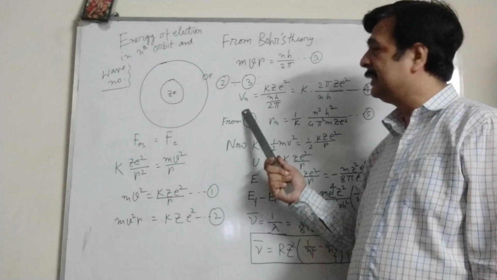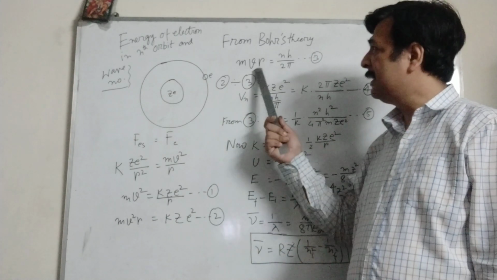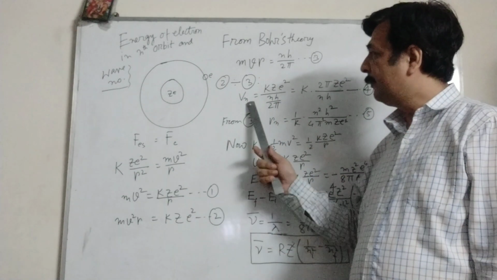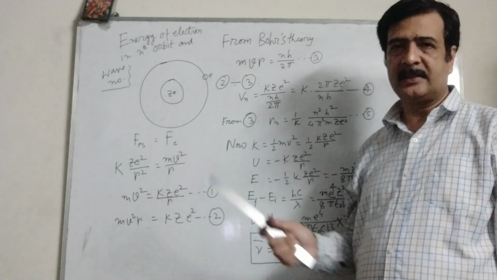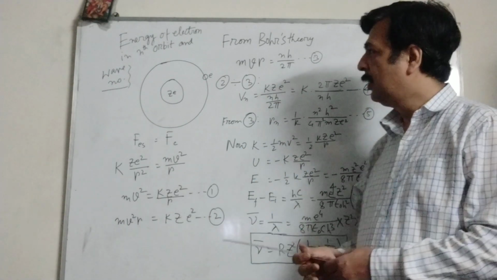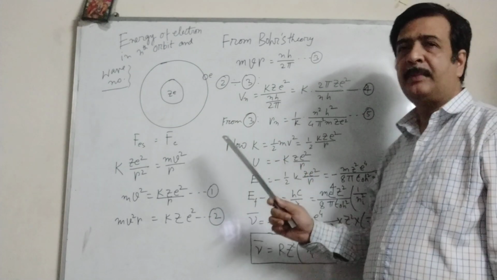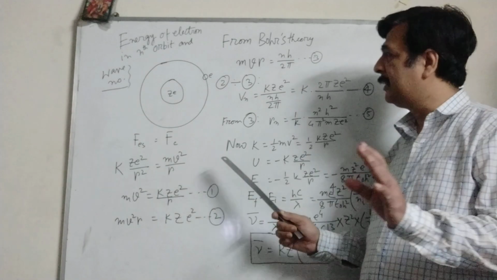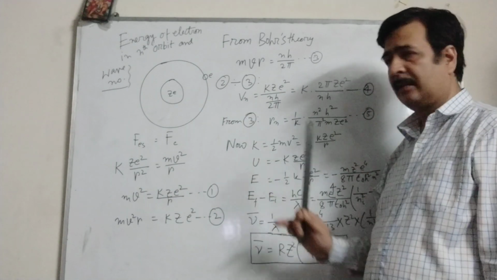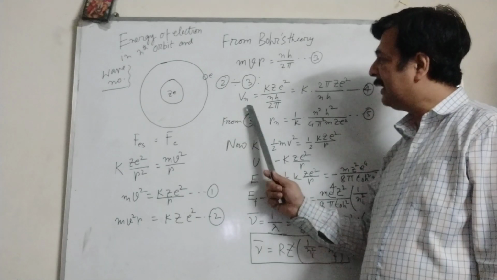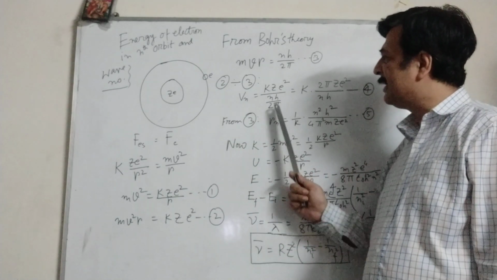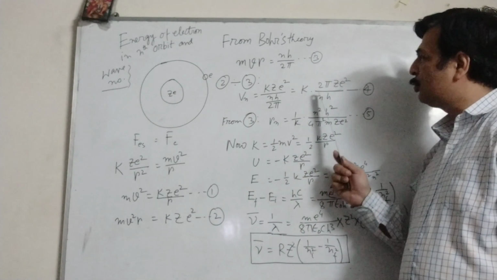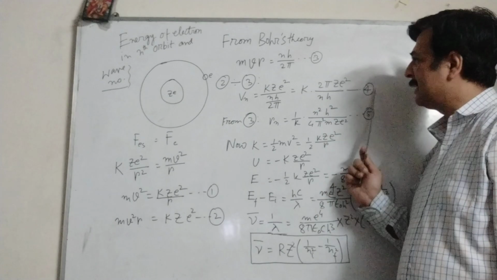We get Vn. Here when we apply Bohr's assumption, the orbits are quantized, the energy levels are quantized. So it will not be simple r or simple v, it will be Vn and Rn. So Vn is kZe squared by nh by 2 pi, which ultimately becomes 2 pi kZe squared by nh. That is equation number 4.